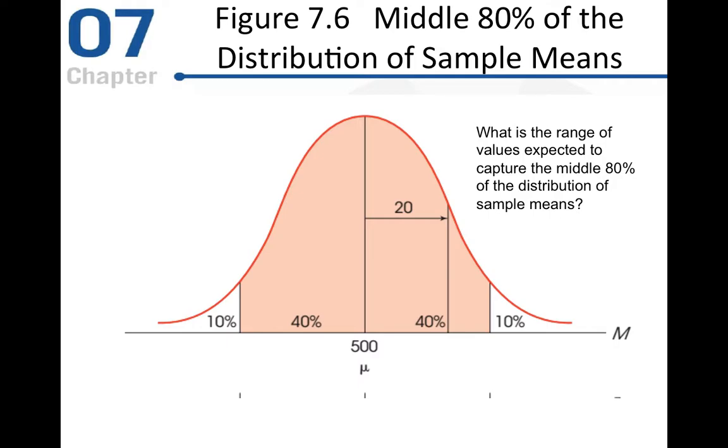0.4, 0.4. Okay, the closest I found was 0.3997, so I'll probably go with that one. And then I would scoot over to the z-score. The z-score that corresponds with a probability or proportion of 0.4 from the mean to the sample mean is 1.28.